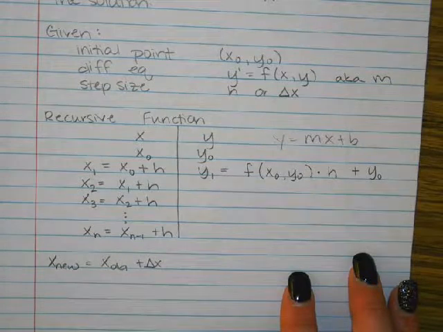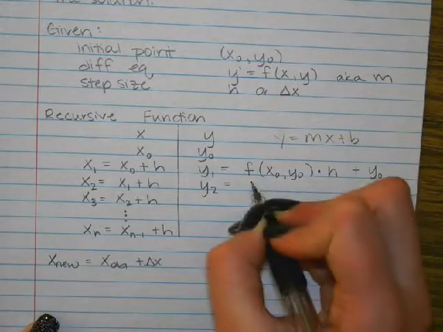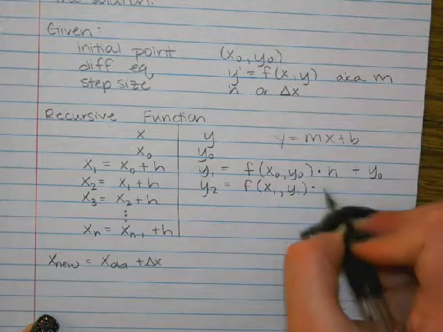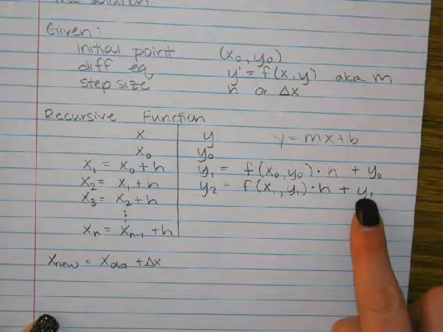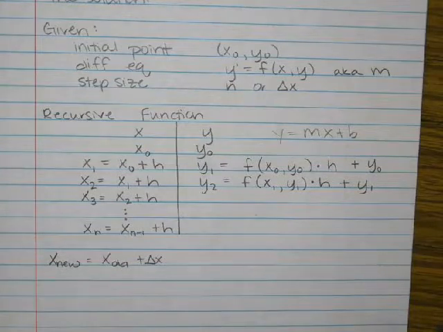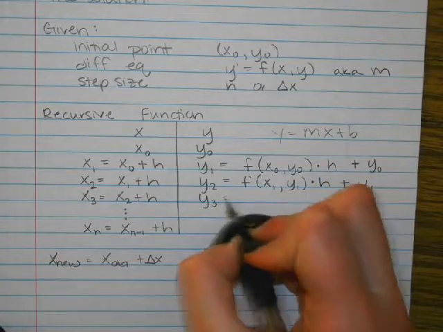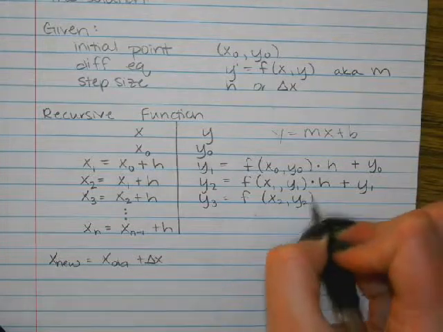Now this one follows a pattern too, so we're going to say our second y-coordinate is going to be the function if you plug the first point into it and multiply it by that same width, and then add the y-coordinate. And then the third y-coordinate would be calculated using the same method.